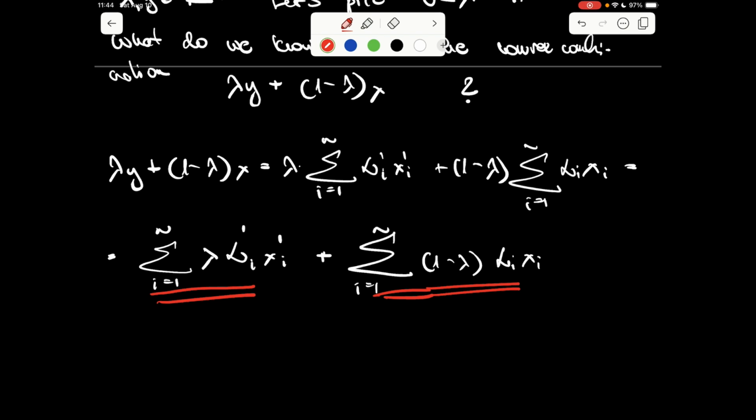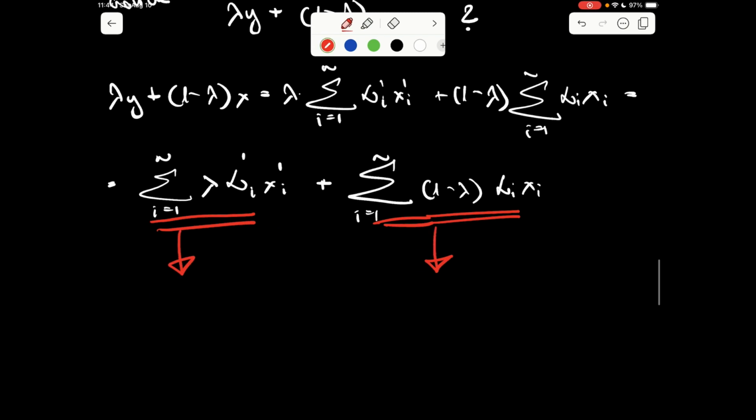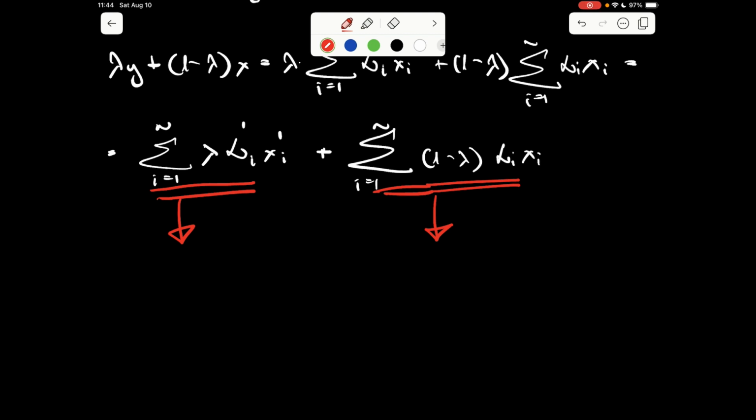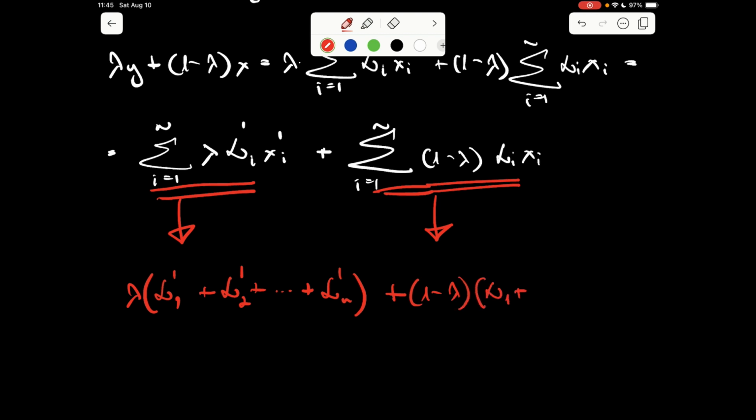So let's focus on the weights by expanding this part of the expression. We can realize this pattern by factoring out lambda and 1 minus lambda.